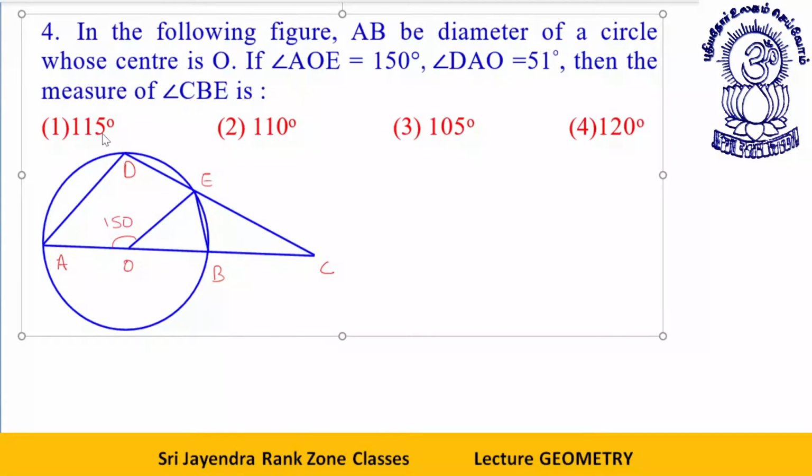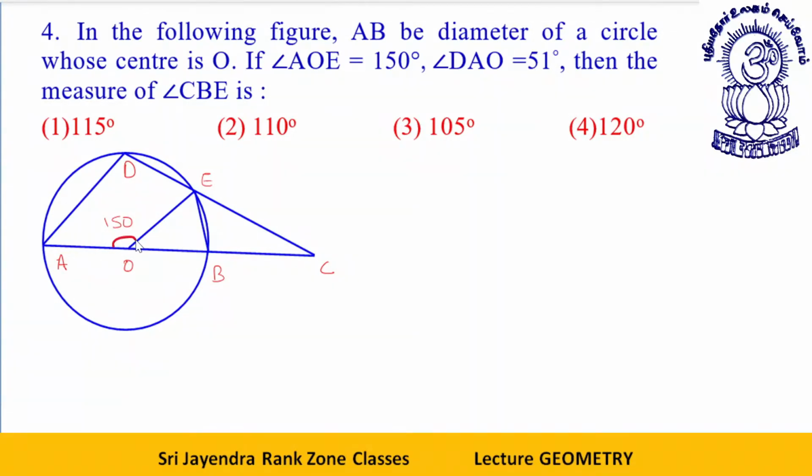I won't have to draw the figure again. If angle AOE is equal to 150 degree, this angle is given to you as 150 degree, and angle DAO is 51 degree, then the measure of angle CBE is, you have to determine this angle.